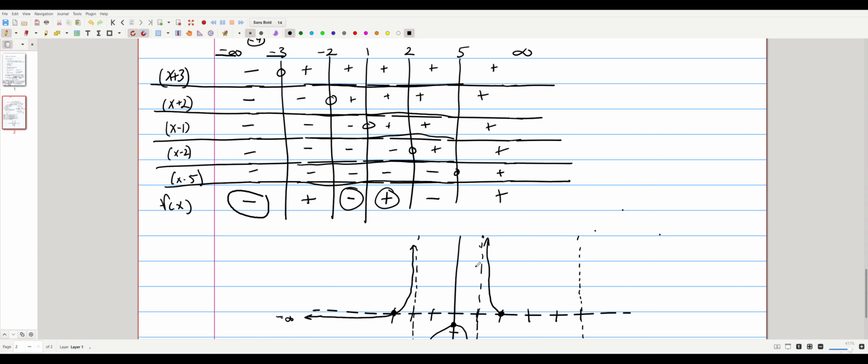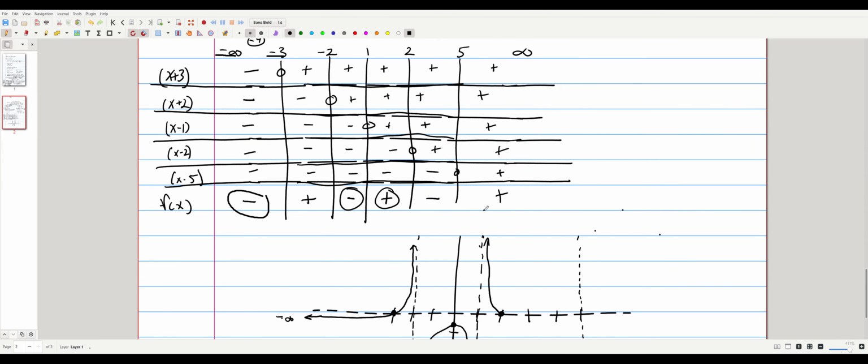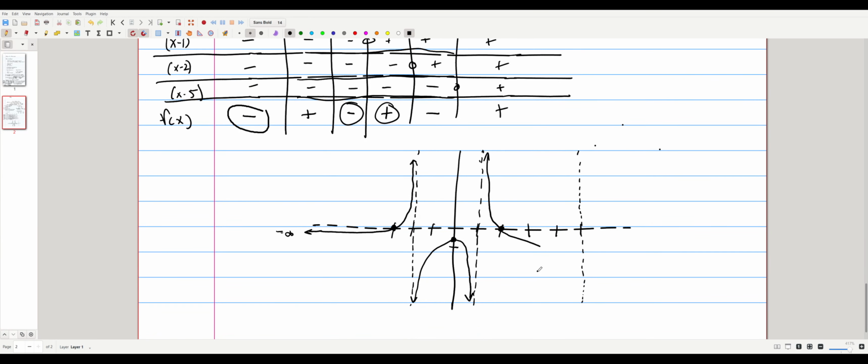And then from 2 to 5, we know that we're negative. Okay? So from this x-intercept to this vertical asymptote, we're negative. And so we know to just stay under the x-axis, and we know to stay there really because we don't have another x-intercept, but also because it tells us that we're negative. So our arrow is going to come and follow this.